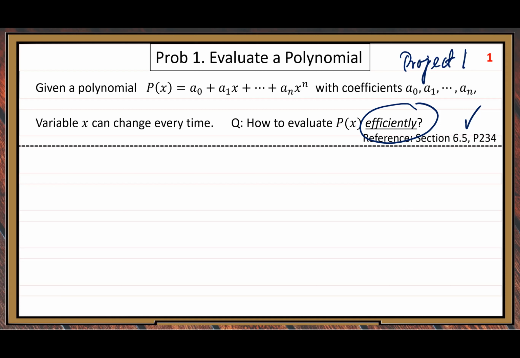Project 1, this is the topic: evaluate a polynomial efficiently. That is the topic for our project number 1. So after this topic, we can start our programming project 1 as early as possible. Okay, that's the reason.